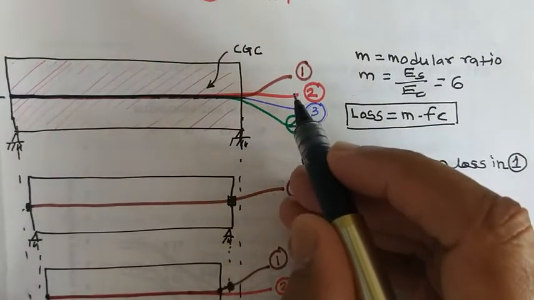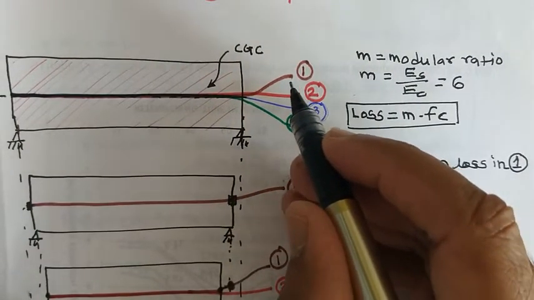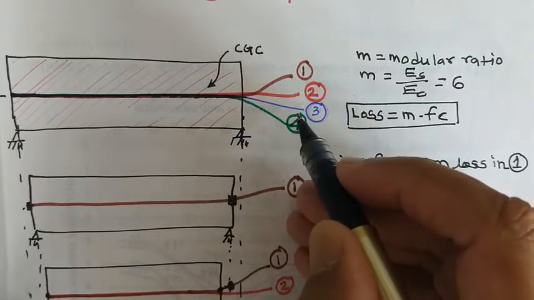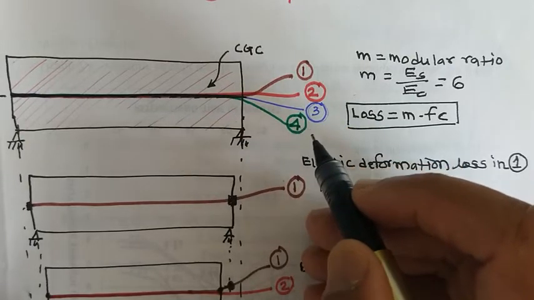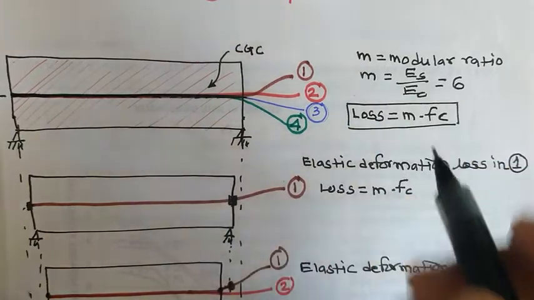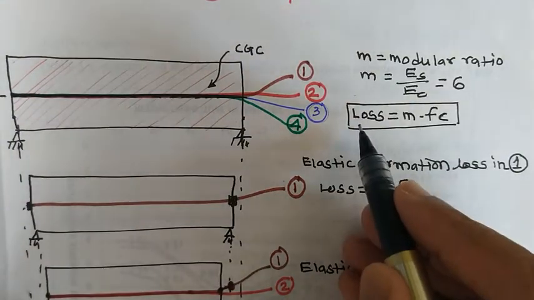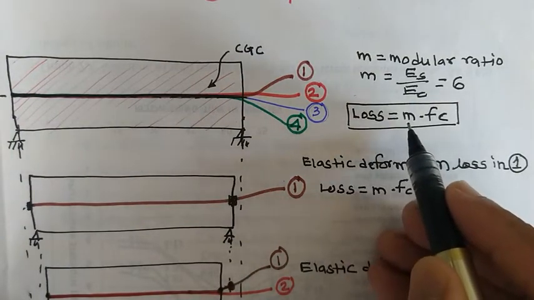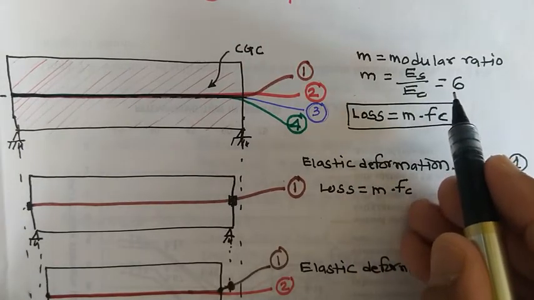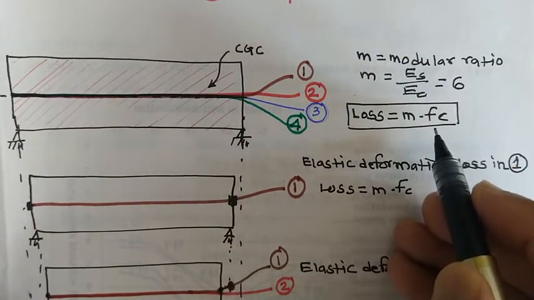So you are stretching each wire one after another, and you have to find out the loss due to elastic deformation. Elastic deformation loss is calculated using this small formula m into fc. The value of m is directly given in the question, and we have already calculated fc. It is 1.47 Newton per mm square.